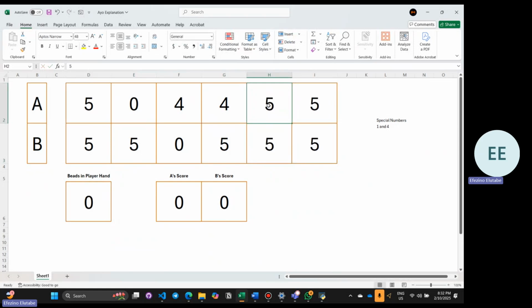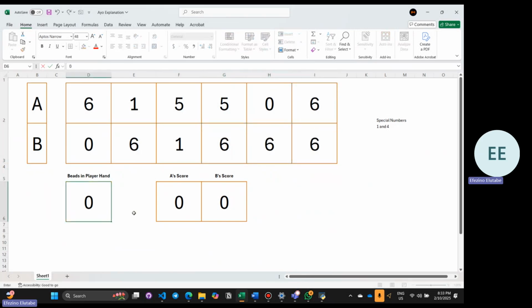Because it's not a special number, I take that 5 and distribute for the next 5. 1, 2, 3, 4, 5. So distributing them, it becomes 5, 5, 1, 6, 6. I'm done distributing. I stopped on 6. 6 is not a special number, so I distribute for the next 6. 6, 1, 6, 6, 6, 6.